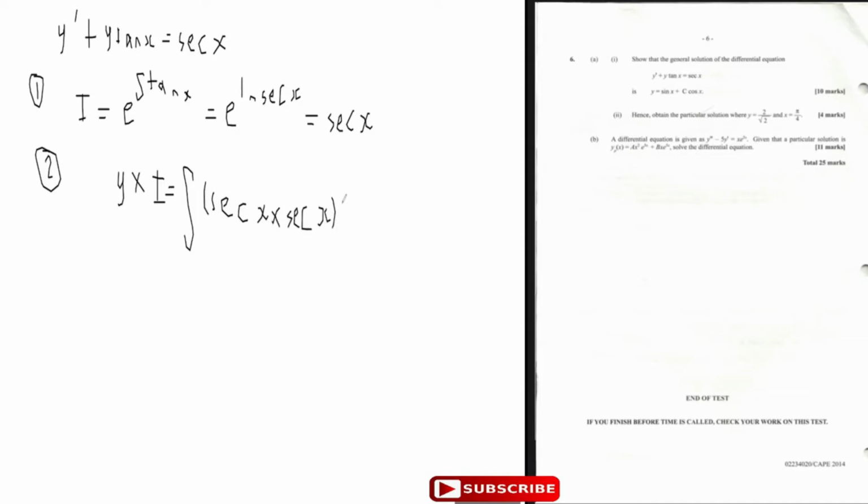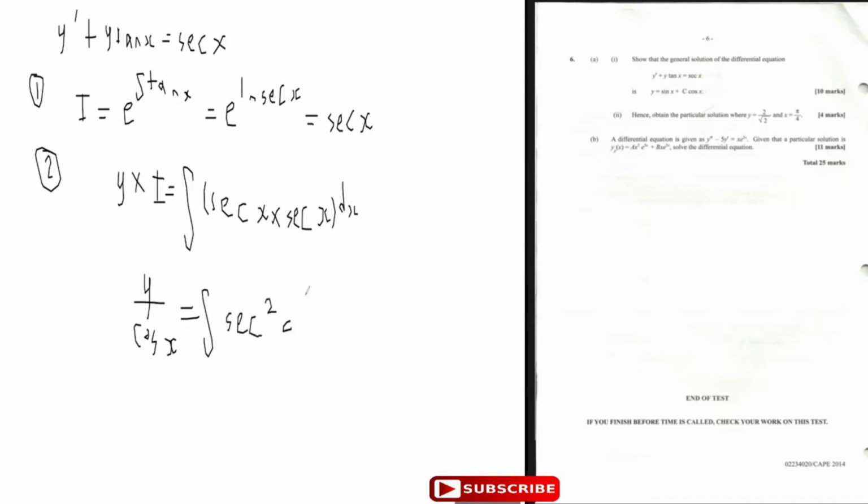All right, nice and easy. So what we're getting is y times sec x, which is really y over cos x, because sec is 1 over cos. So y over cos x is equal to the integral of sec times sec, which is sec squared x.